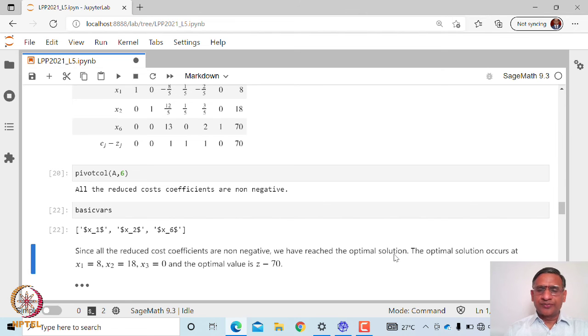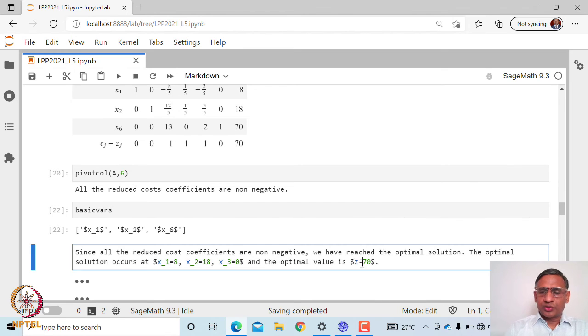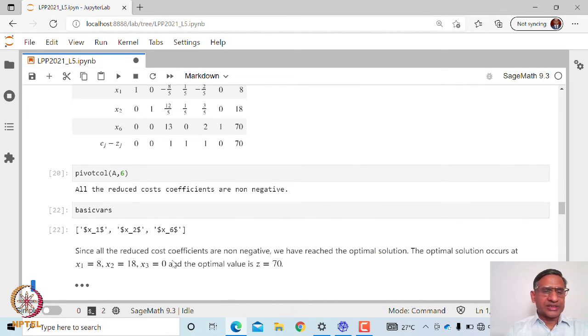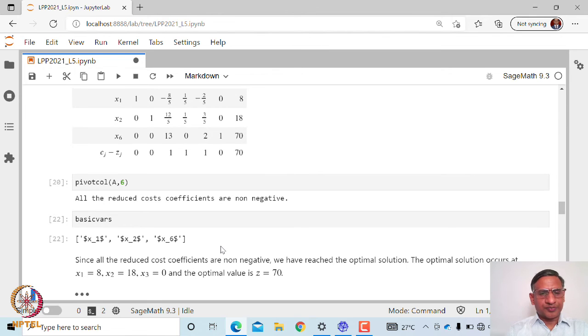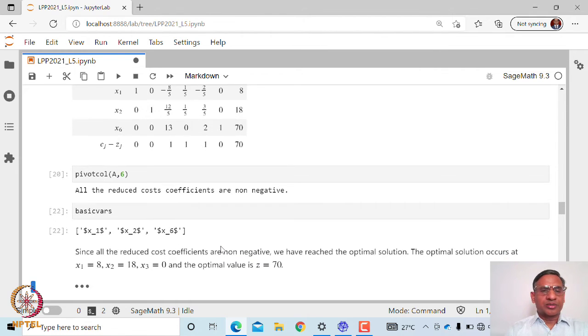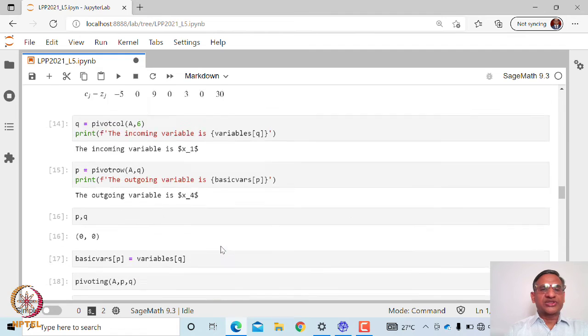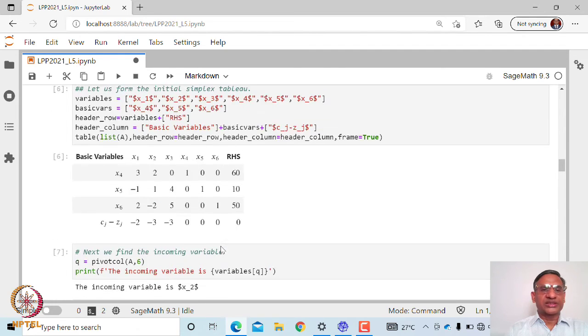Therefore we have reached the optimal solution, and the value of the objective function z is equal to 70. That occurs at x1 equal to 8, x2 equal to 18, and x3 equal to 0. That is how you can solve this problem by employing the simplex algorithm step by step.